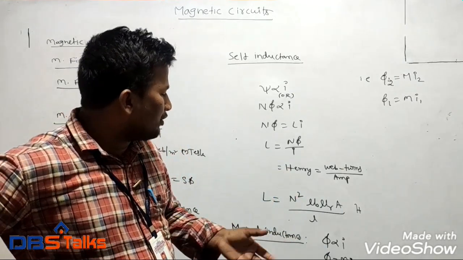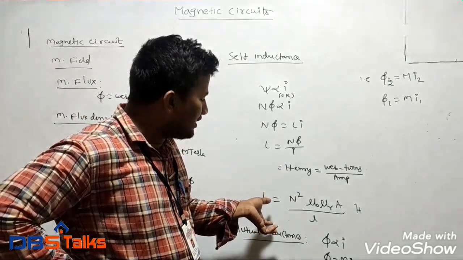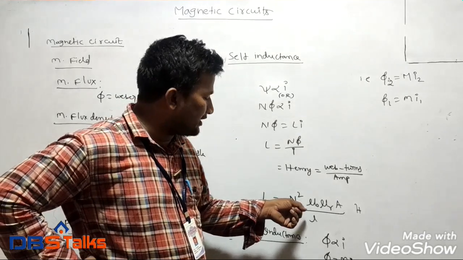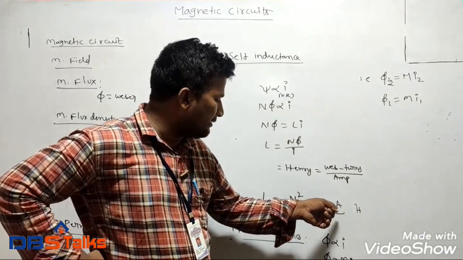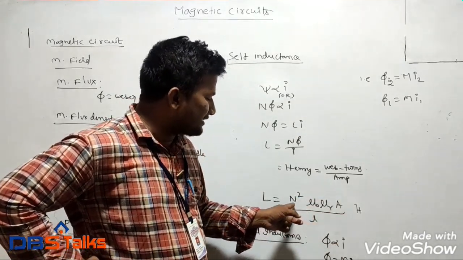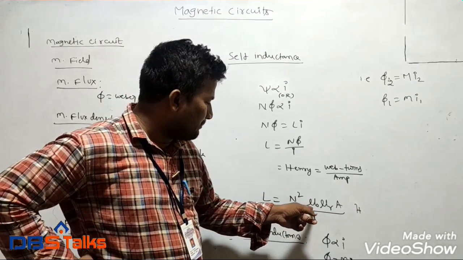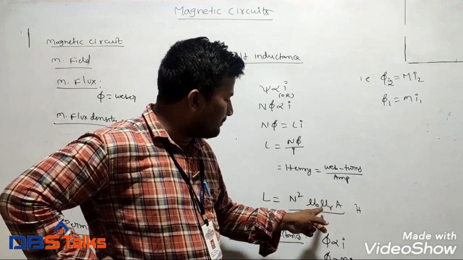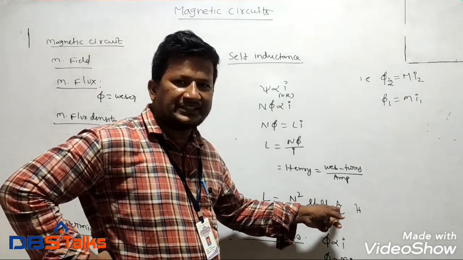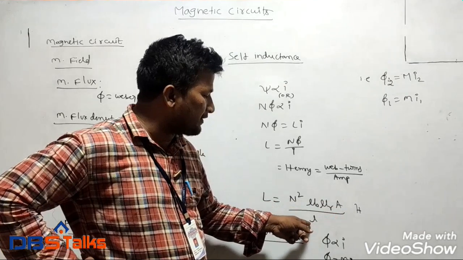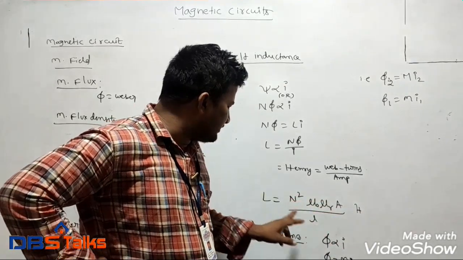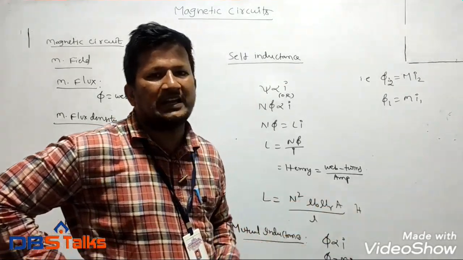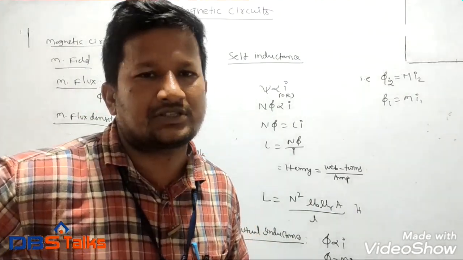Now in problems we also have to use this formula: L is equal to N squared mu 0 mu r A by l Henry, where N is the number of turns, mu 0 is the permeability of air, mu r is the relative permeability, A is the area surrounded by the flux lines, and l is the length of the flux path. This formula is used to calculate the inductance in different situations.